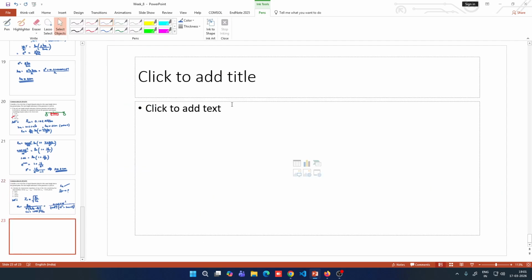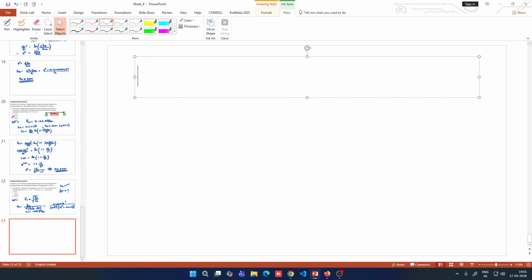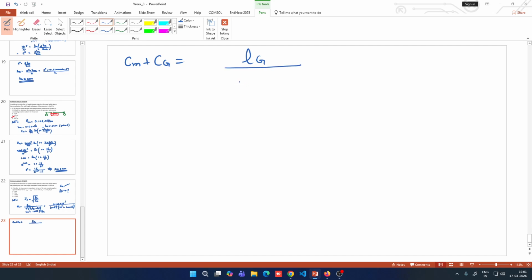But we don't want Cm, right? We wanted Cg, but we know the relation: Cm plus Cg is given by Lg divided by V square into (Lg into Lr minus Lm square). This is the relation between Cg and Cm.